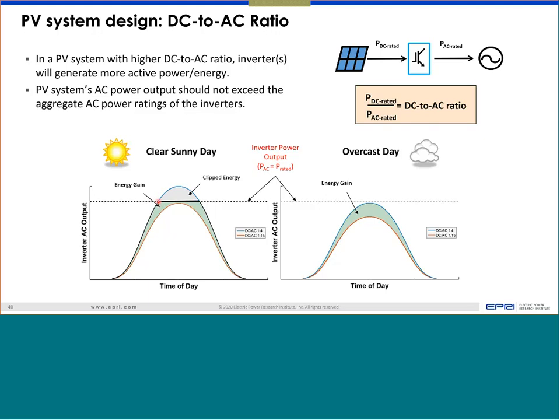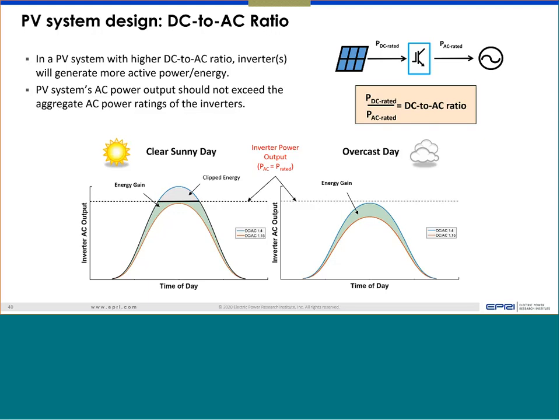Once it hits the limit of what the inverter can take, say a 100 kilowatt inverter can take maybe 110 kilowatts DC, and 10 kilowatts is lost inside the inverter. Once the DC hits 110, the inverter will not take any more DC power. After conversion it will go to 100 kilowatts, and that's what you'll be seeing for the rest of the day, or as long as the irradiance remains high, and then the power will come back when the irradiance goes down.